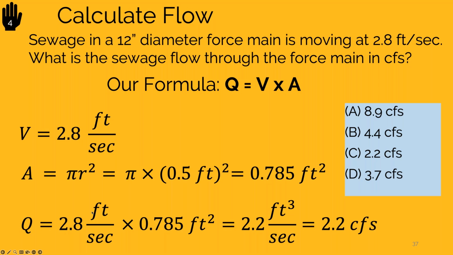Our units of feet and feet squared multiplied give us feet cubed. 2.8 times 0.785 is 2.2, and our seconds stay the same. There's no change. Those don't cancel out. So we end up with a volume, feet cubed or cubic feet per second.